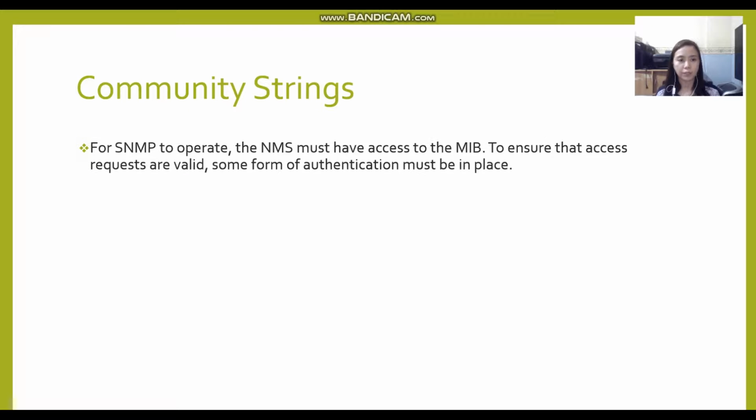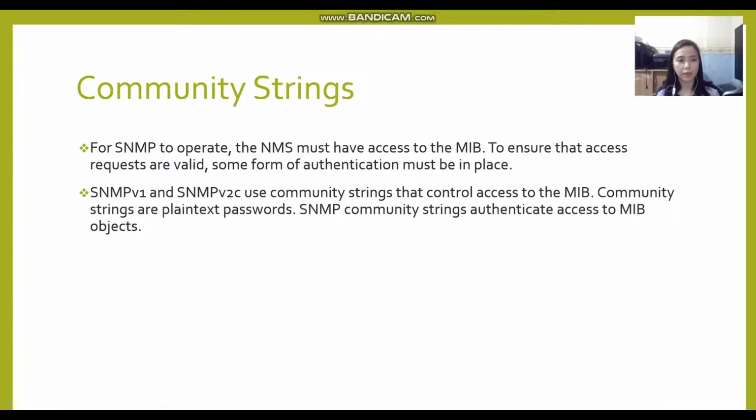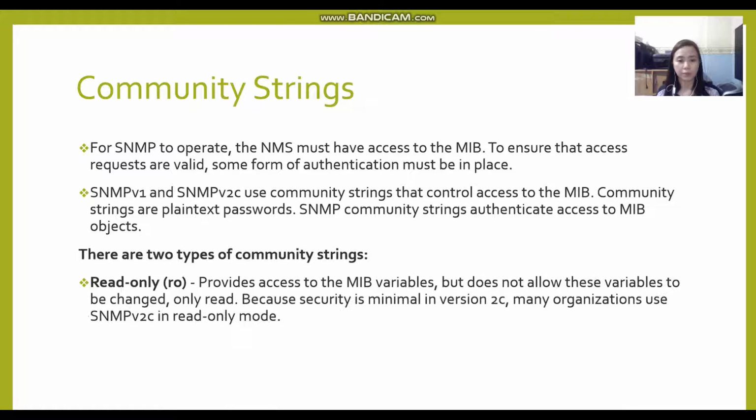Community strings. For SNMP to operate, the NMS must have access to the MIB. To ensure the access requests are valid, some form of authentication must be in place. SNMP version 1 and SNMP version 2 use community strings that control access to the MIB. Community strings are plain text passwords. SNMP community strings authenticate access to MIB objects. There are two types of community strings: read-only and read-write.